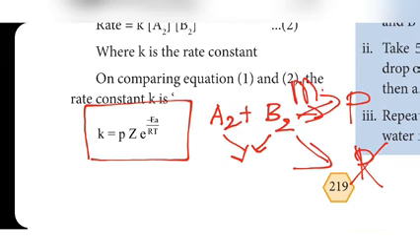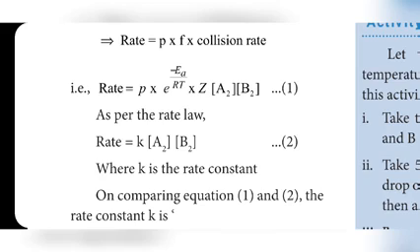If they contain minimum energy, they will convert into product. If they do not contain minimum energy, they will not convert into product. So first it depends on minimum energy, which is called activation energy. That can be calculated using the formula F is equal to e power minus Ea by RT.